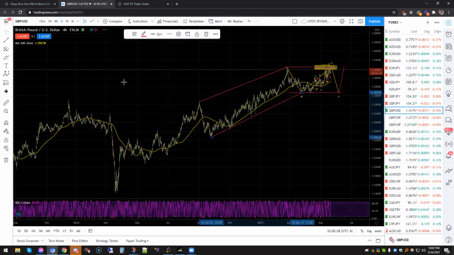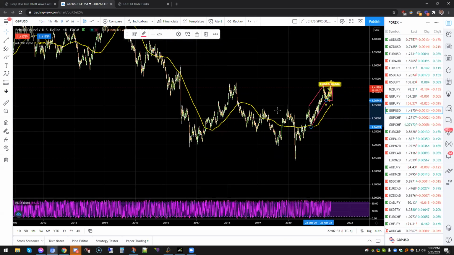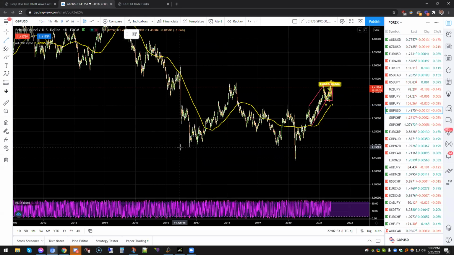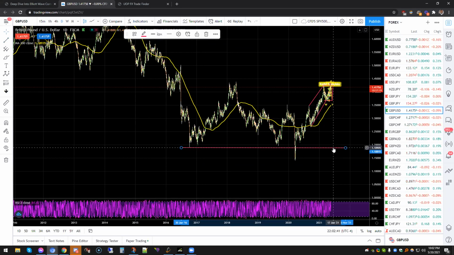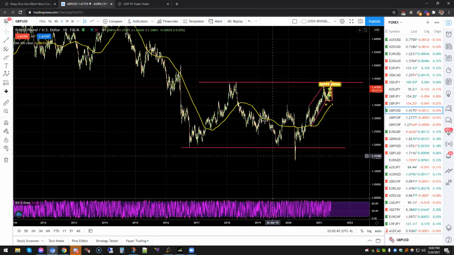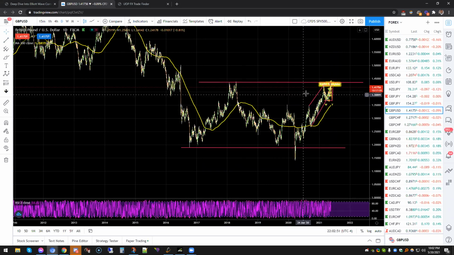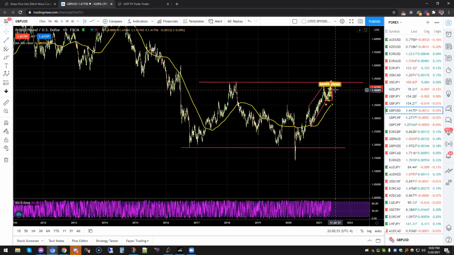If we go to a higher time frame, this is just going to become a bigger flat pattern formation.